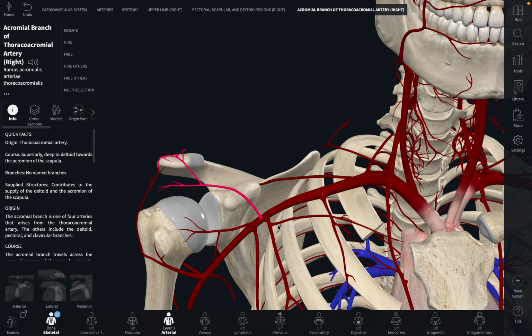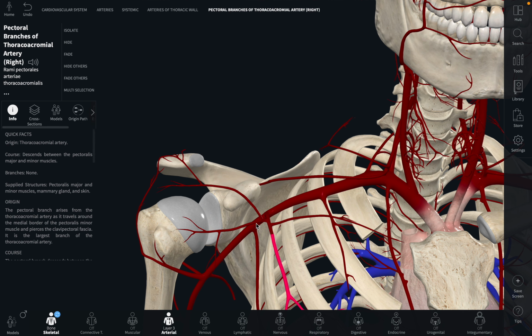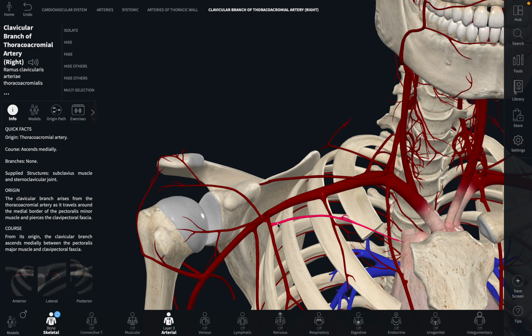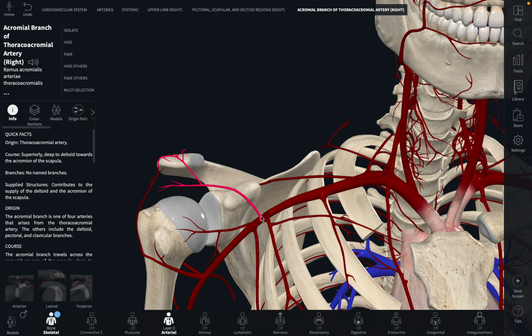Do you know how I used to remember these branches? I just remember that cadavers are dead people. C is for the clavicular branch. Then this one is the acromial branch. So cadavers are dead people.